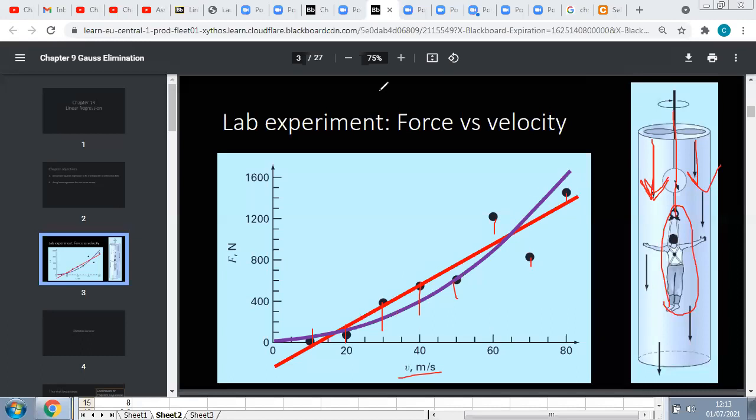Now, if we are interested in knowing the force at a velocity of 65 or 75, and we don't have experiments performed at these points, we can say from the points we have that we can come up with a certain fit.